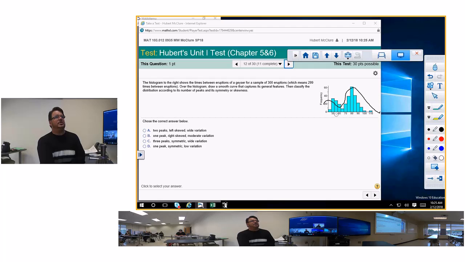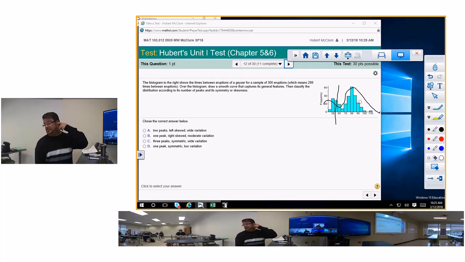All these are increments of 10, but look between here and here. That's not really accurate. There needs to be about 5 spaces down through here, shouldn't there? But anyway, the center would be right in here somewhere. Now, if you just erase this right here, you have a normal distribution, but the center is right here.